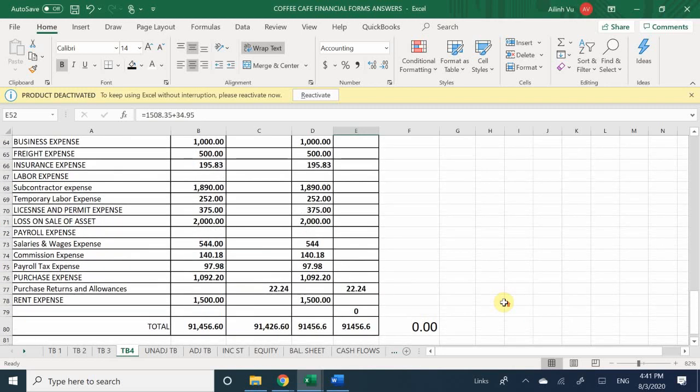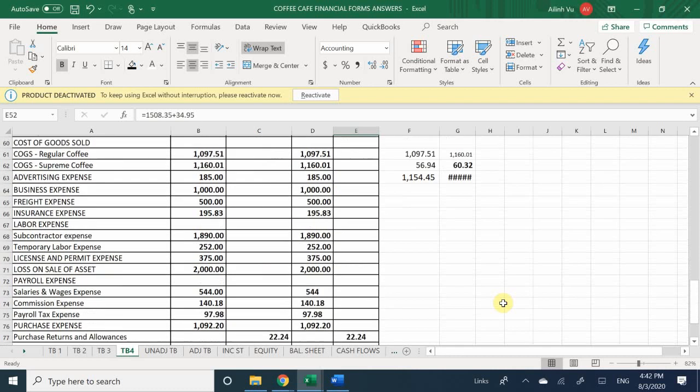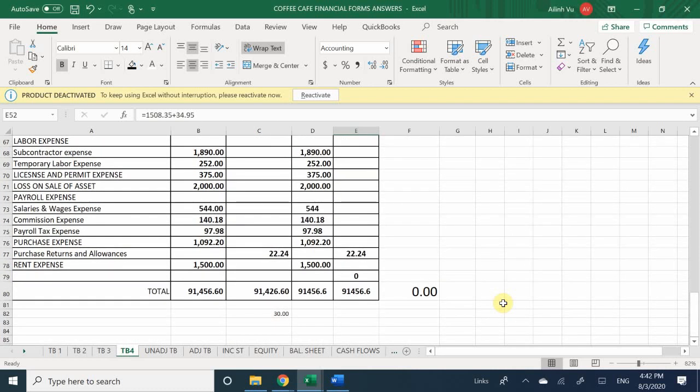The reason being is because you're just transferring from one account to another, so your debits and credits should equal the same no matter what. You're not adding anything new and you're not subtracting anything new. The only new things are the last three accounts here, which are the bad debt expense, the depreciation expense, and the amortization expense. But this number should not change.